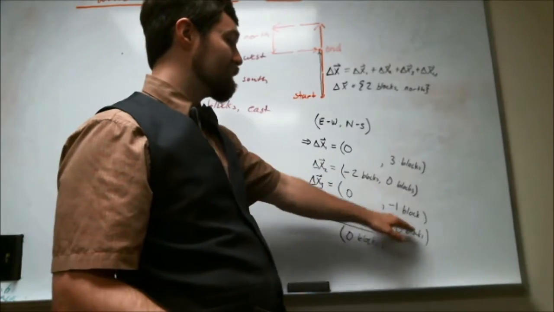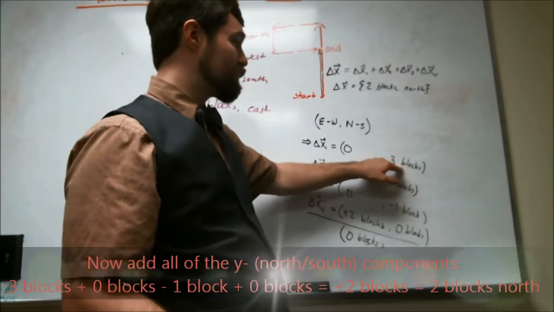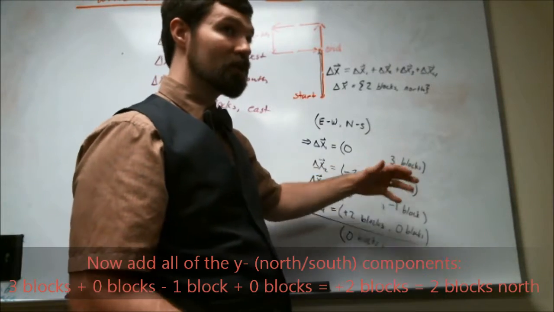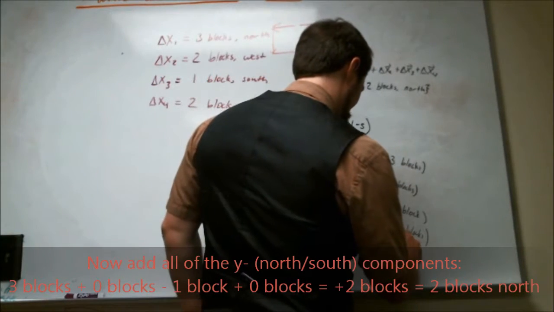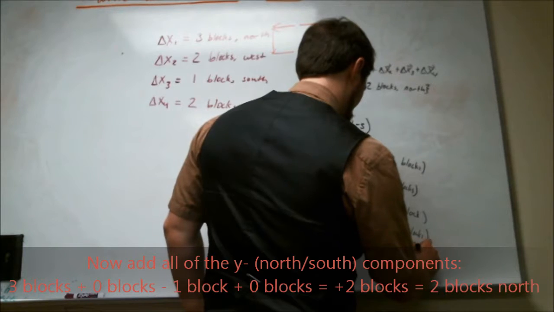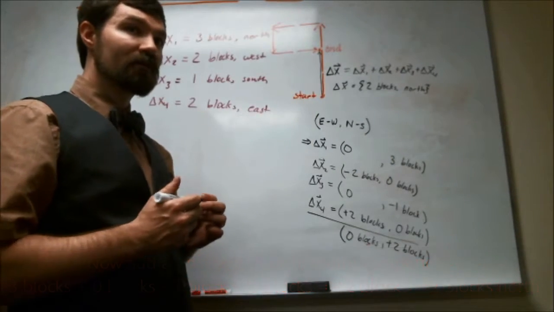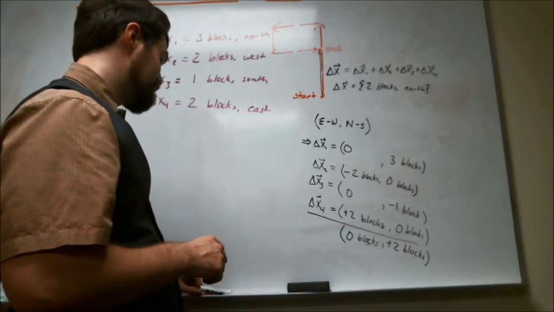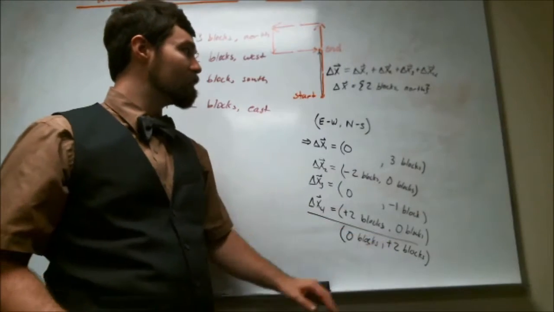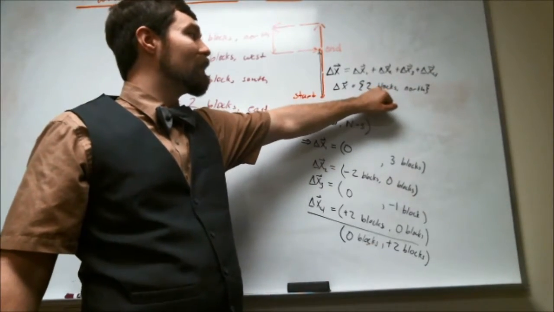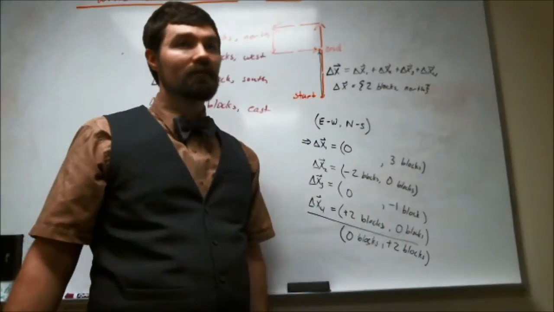And then over here in the north-south side, we have 3 plus 0 minus 1 plus 0. So that's plus 2. Okay, so we found our total displacement then. It's 0, comma 2, or as I've written it up here, 2 blocks due north.